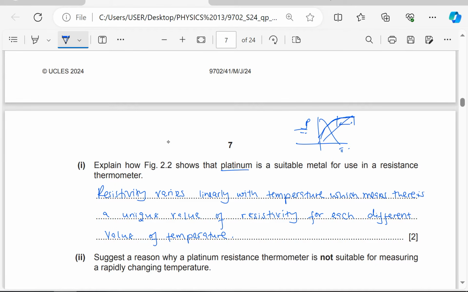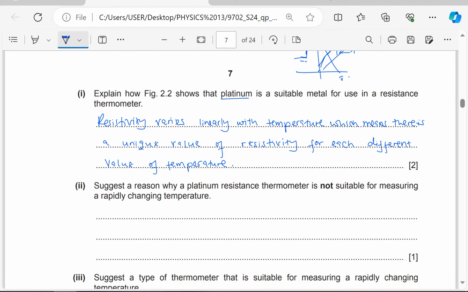But now that it is just a perfect straight line, indicating that the resistivity varies perfectly linearly with the temperature, there is always a unique value of resistivity for each different value of temperature. So it would be a good metal for use in a thermometer.